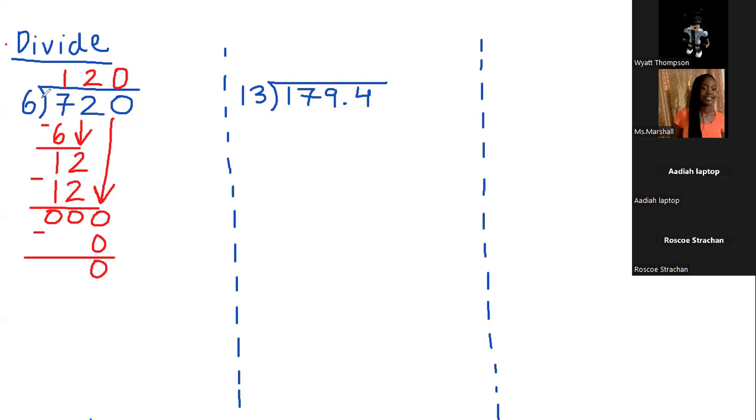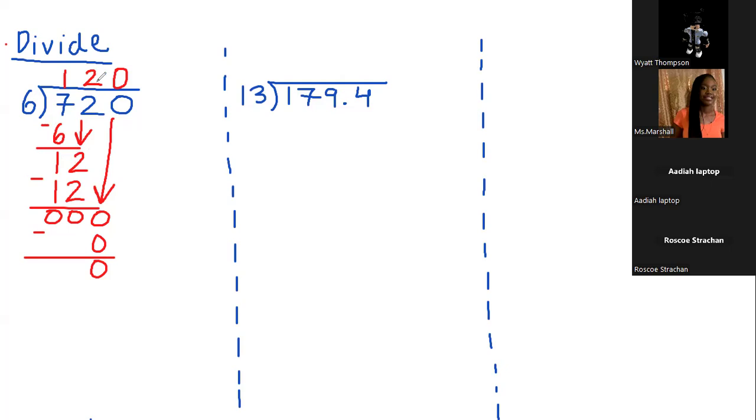Miss Marsha, can you explain how we got 120 with the division? Sure. Okay, so our problem is 720 divided by 6. The first thing we did was find how many times 6 can go into 7. We found out that it was once. Then we multiplied 1 times 6. That gave us 6. We subtract that from 7. That left us with 1. We brought down the 2. That made that 1 turn into a 12. Now we have to find out how many times 6 can go into 12.